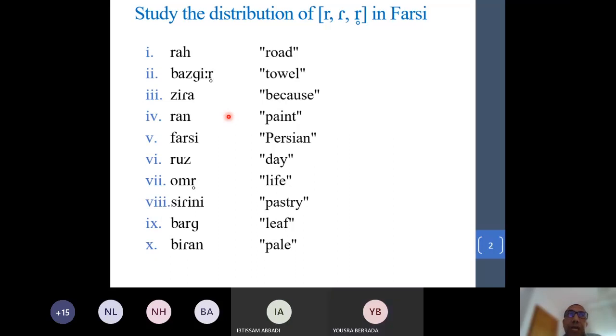Free variation can be determined by regional factors, social aspects or gender aspects. But the important thing here is to determine whether the distribution is complementary.